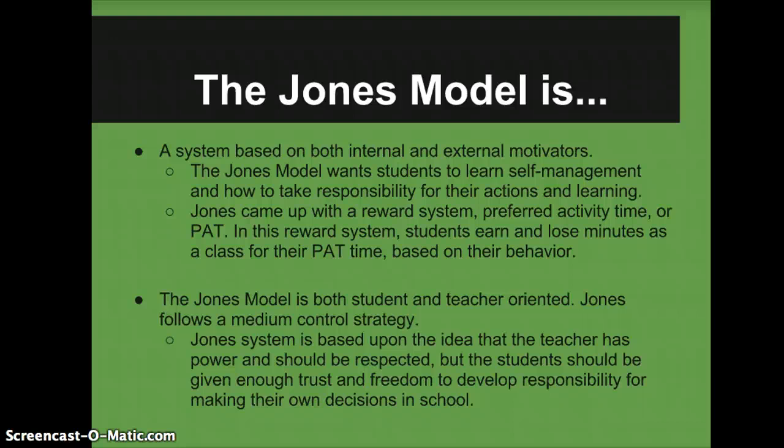And then the preferred activity time is their reward for good behavior. Students earn and lose minutes based on their behavior, and this is a collective thing. It's teacher and student oriented. The teacher has power and should be respected, but the students should be given trust and freedom to make their own decisions.